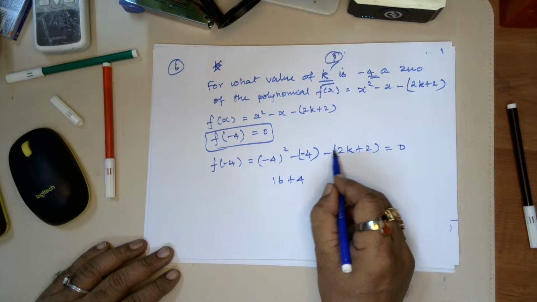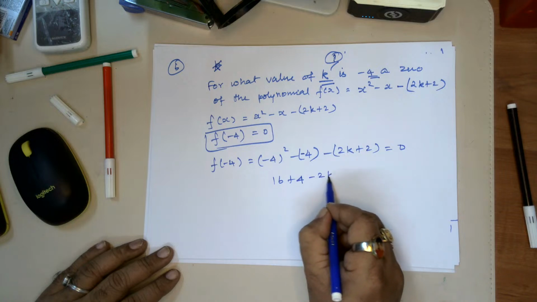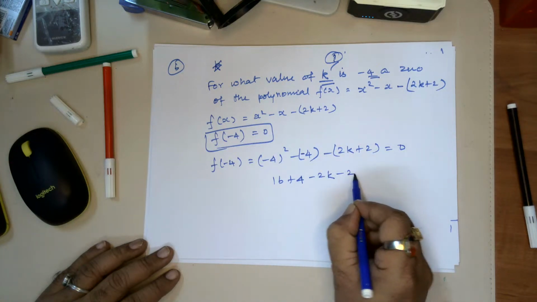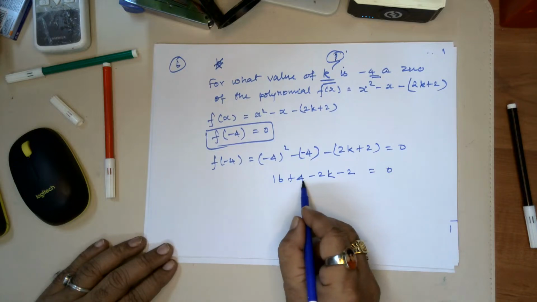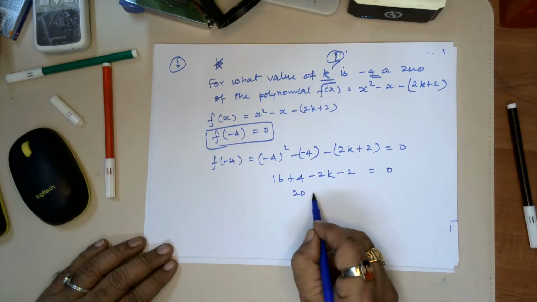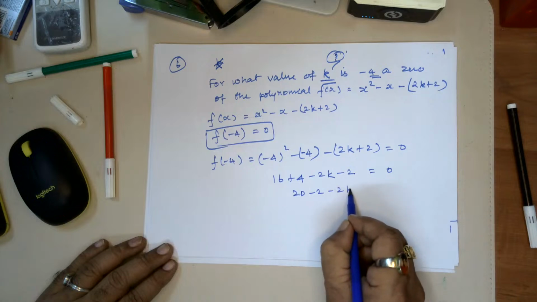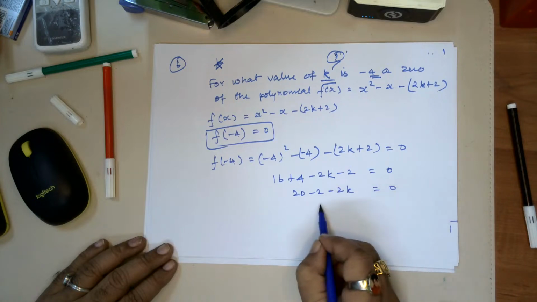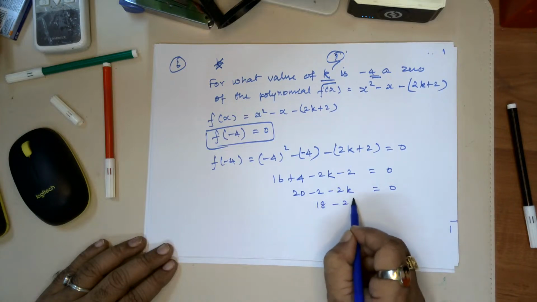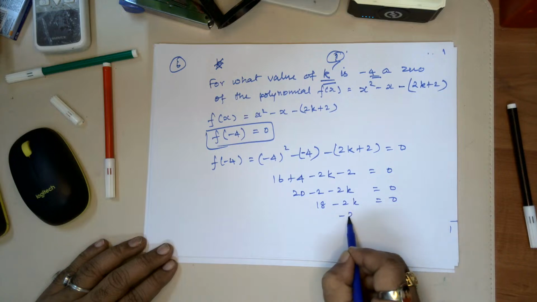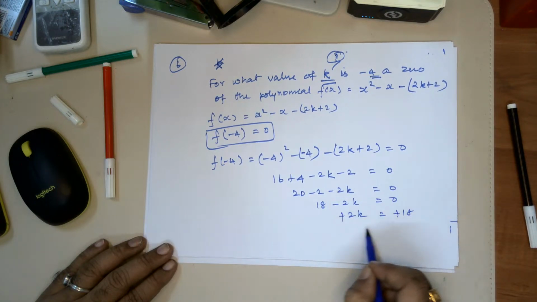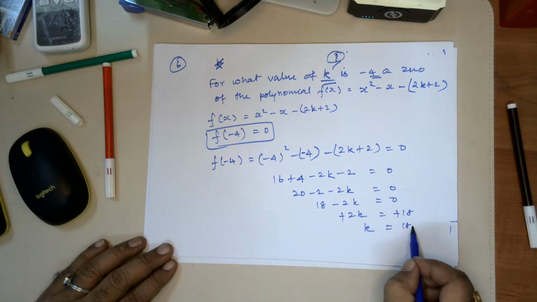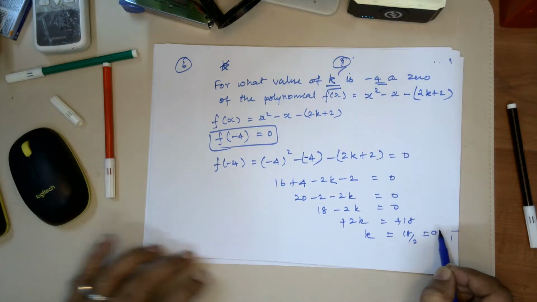Then you can expand minus of 2k, minus 2k and then plus 2 is equal to 0. So 16 plus 4, 20, minus 2k plus 2, so this is 18 minus 2k is equal to 0. So minus 2k is equal to minus 18. Minus of minus plus, therefore k is equal to 18 by 2, that is 9.